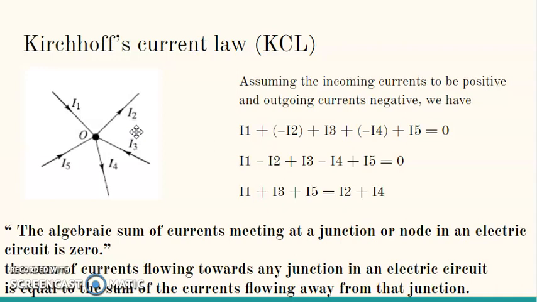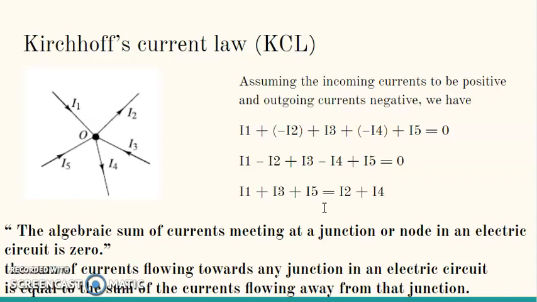With this statement and convention, for this particular node O, we can write KCL in the form I1 plus (minus I2) plus I3 plus (minus I4) plus I5 equals 0. Here the currents I2 and I4 are taken as negative as they are leaving node O. If we take the negative terms to the other side of the equal sign, we find that I1 plus I3 plus I5 is equal to I2 plus I4.